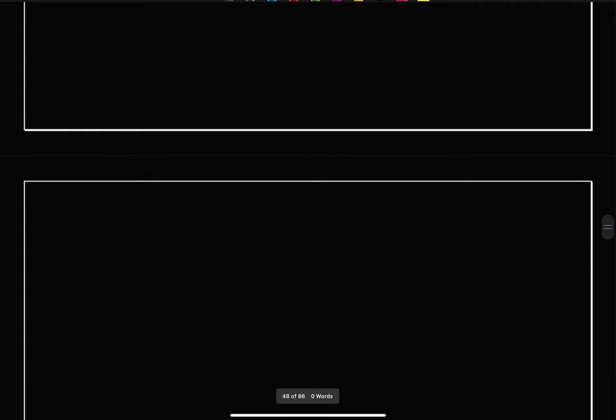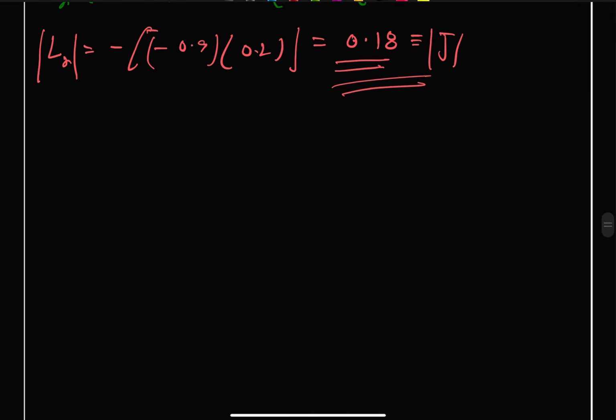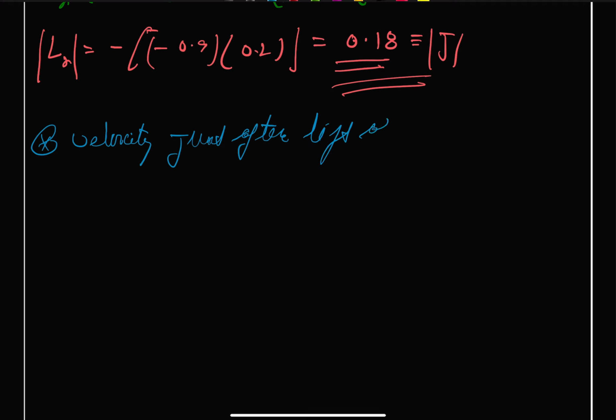Now we come to our kinetic energy. So we have to find out the velocity just after liftoff, because kinetic energy is after liftoff. Okay. Now, as soon as there is a liftoff, there will be tension in the string.